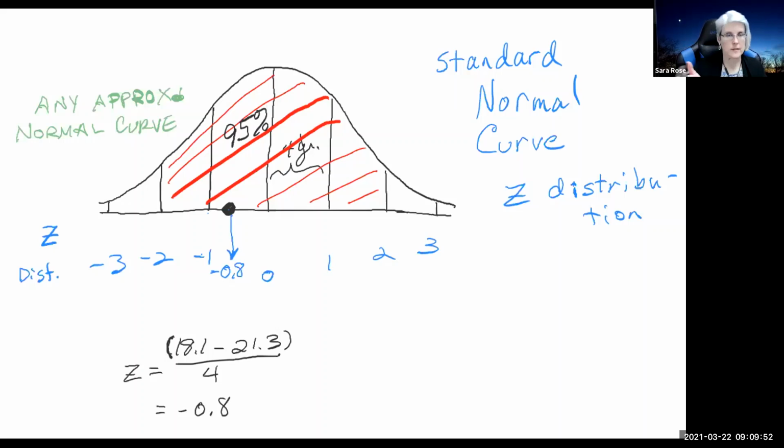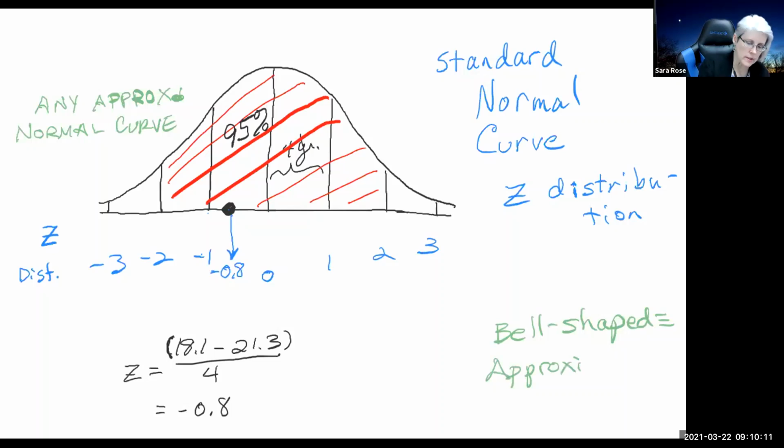You need to say that it is approximately normal, and instead of bell-shaped now, I'll write this down at the corner. We will refer to that as approximately normal.